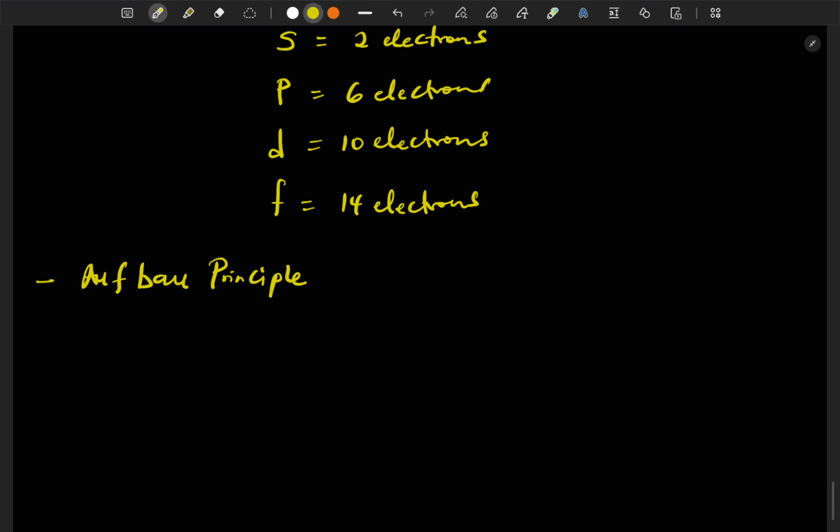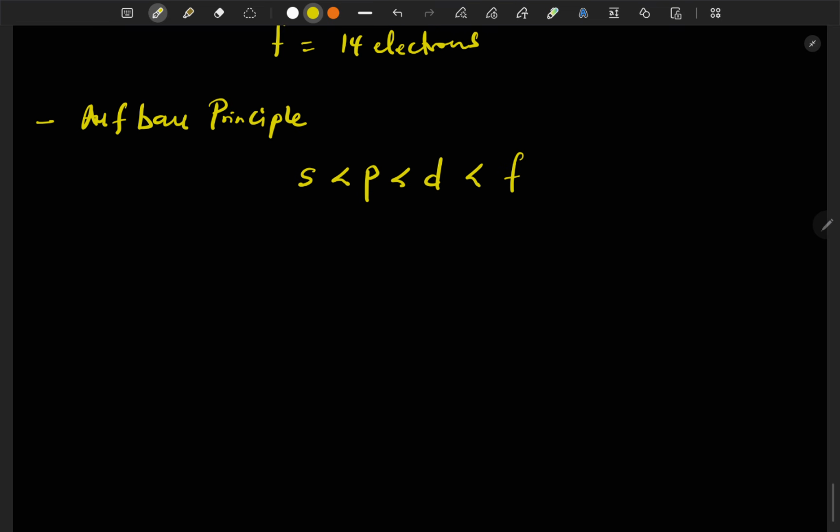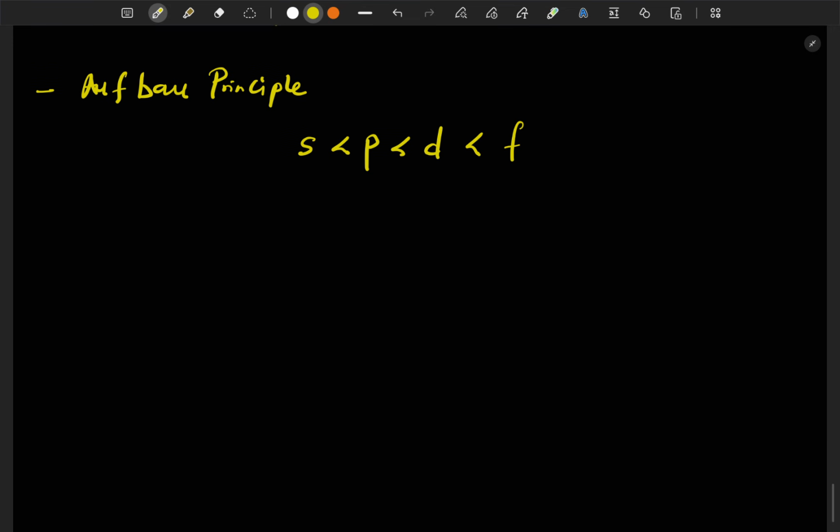So it shows that the S orbital has lower energy than the P orbital, which has lower energy than the D orbital, which has lower energy than the F orbital. The Aufbau principle can be simplified by writing the orbitals in the form of a tree.